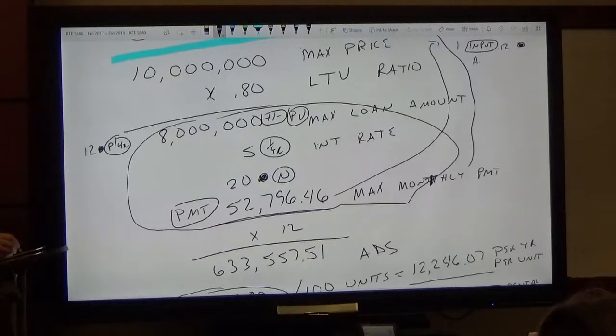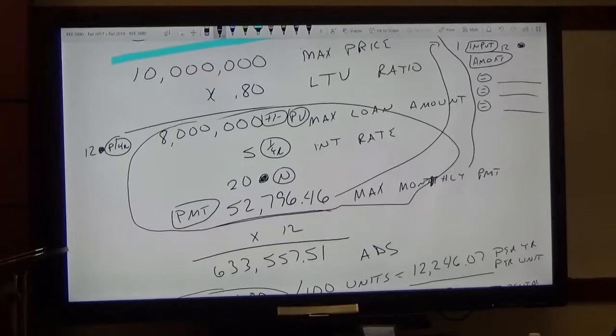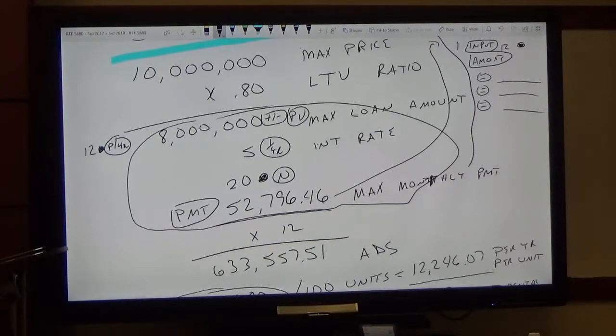Shift, amortization, and then equal, equal is going to give me the principal, interest, and balance. Okay, so our principal, 238,984.91.